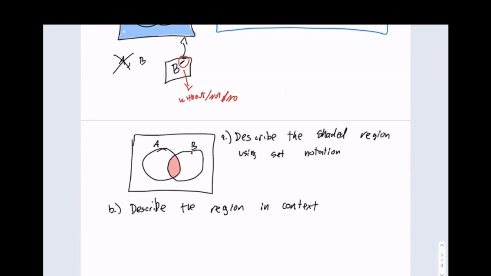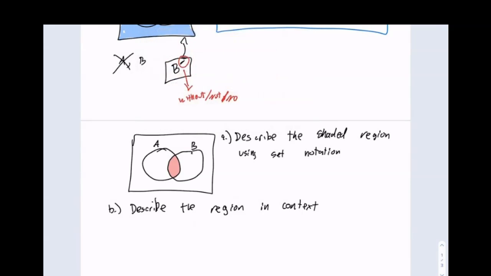So there's two questions I'm going to ask you right here. First off, what is this region that is shaded using set notation? And describe the region in context. So one's a sentence, one's mathematical symbols.